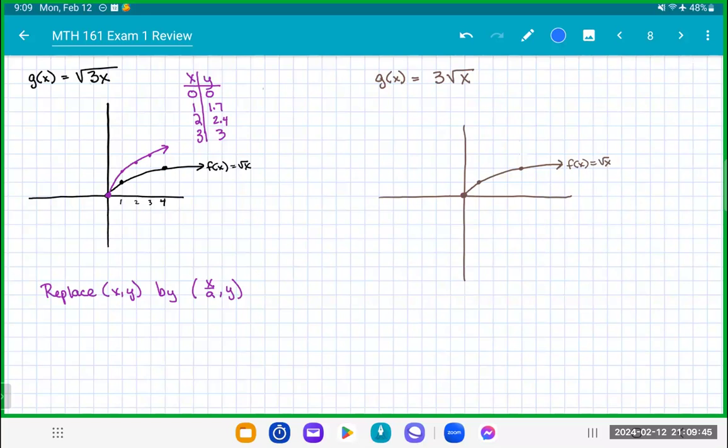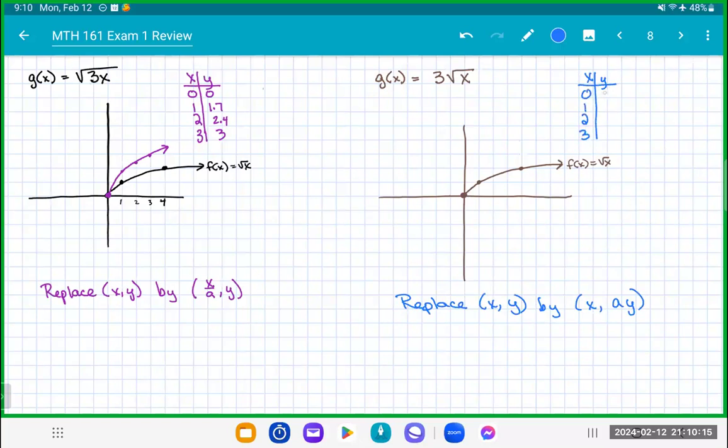Okay. So for this next one, we can think of this also, and we can replace our xy by x and then a times our y. So in this case, our a is 3, right? Or we could build our table of 0, 1, 2, 3.